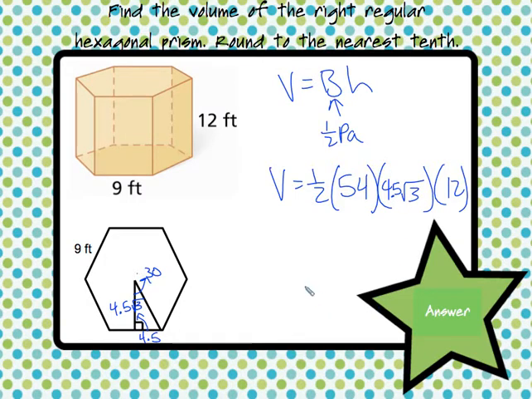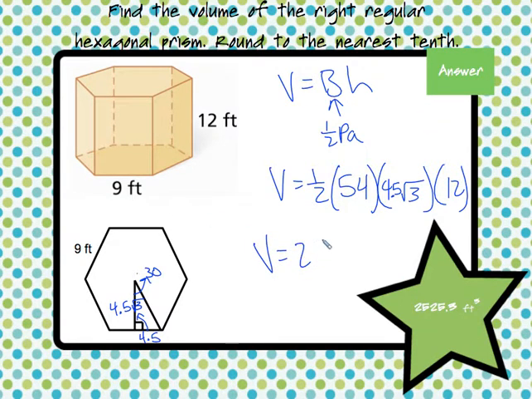Anytime you have a hexagon, it's going to be half of one side times radical 3. So if it were 8, it'd be 4 radical 3. If a side was 20, then the apothem would be 10 radical 3. You just half it and multiply it by radical 3. So if you type all that in your calculator, you should be getting 2,525.3.